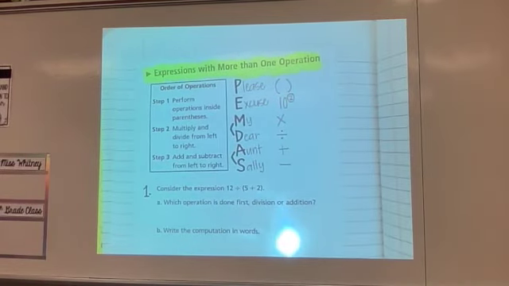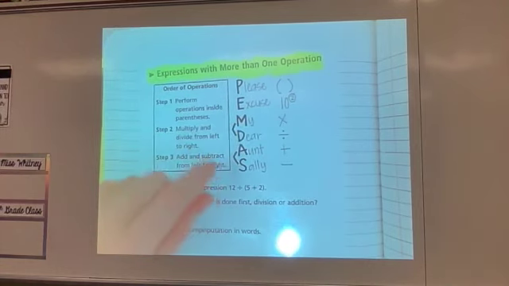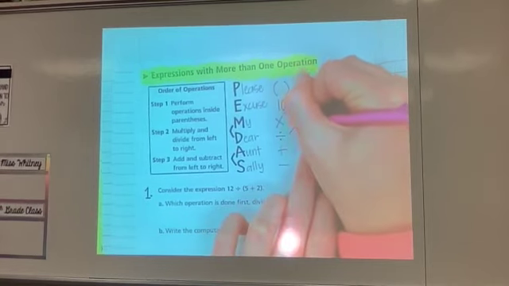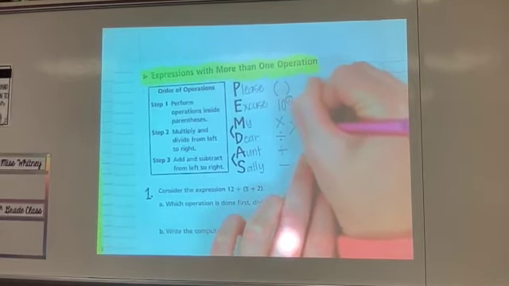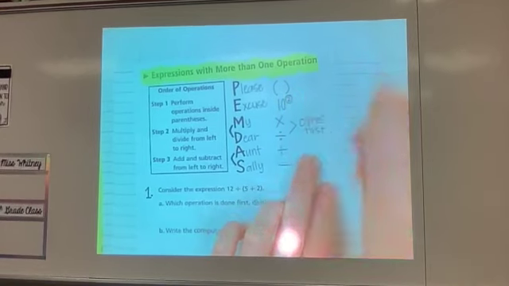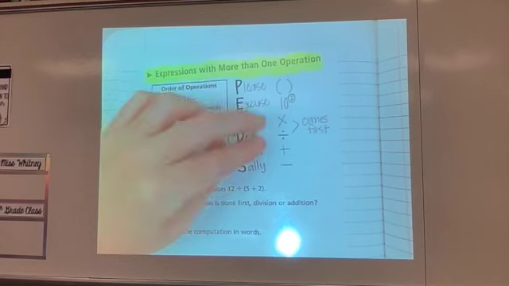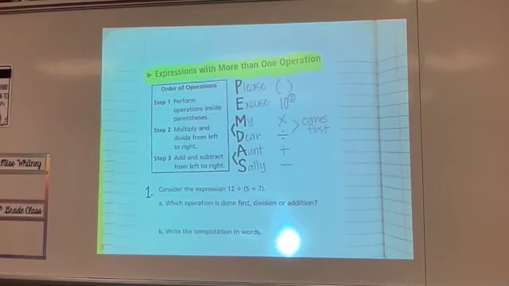Now, one more thing that we have to be careful of, notice I made this little mark by multiplication and division and addition and subtraction. If we have an equation that has both multiplication and division, we just do whichever one comes first. So you don't necessarily have to do multiply before divide. If both of these are in my equation, I just do whichever one comes first.